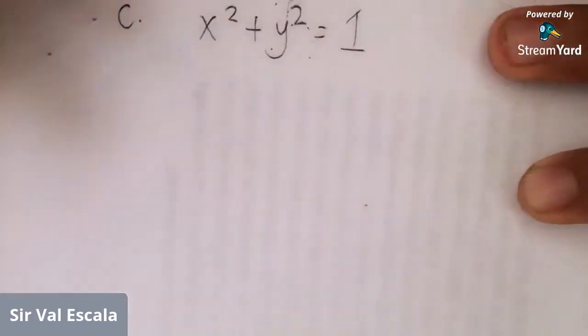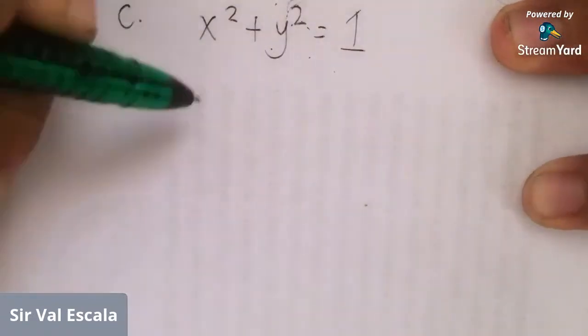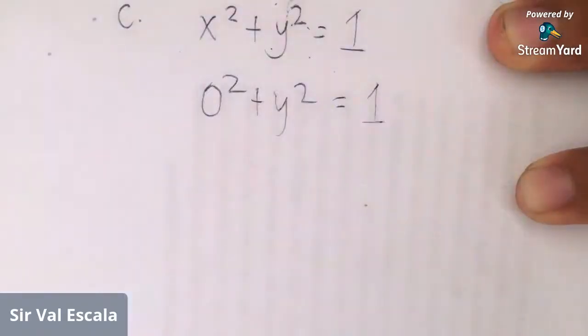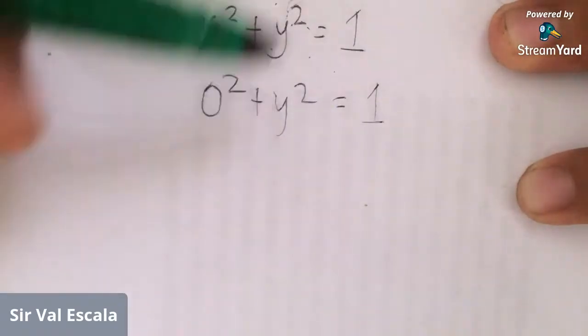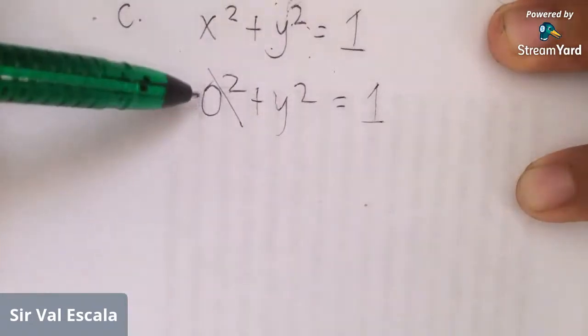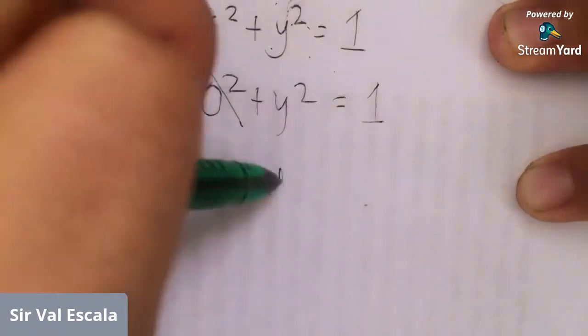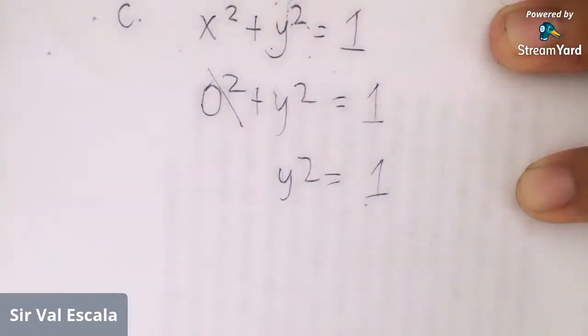Bakit? So, try natin mag-substitute ng any number sa x. So, try natin si 0. Kapag ang 0 ang x natin, okay. So, 0 squared plus y squared is equals to 1. So, cancel natin si 0 kasi any number na i-erase mo sa 0, ang sagot ay 0 pa rin. So, y squared is equals to 1. So, paano natin makukuha si y?